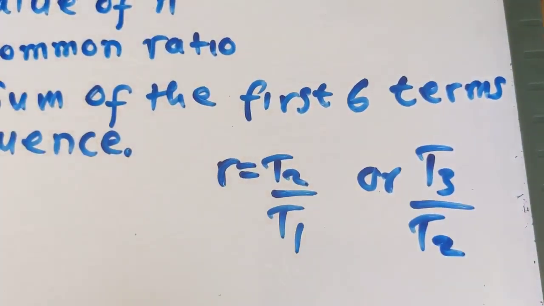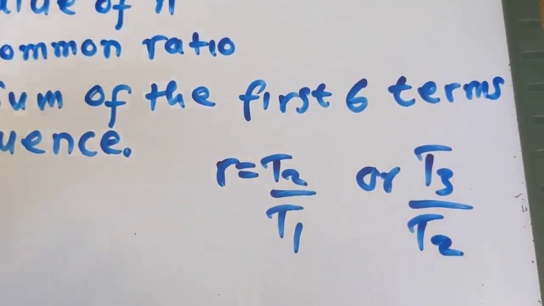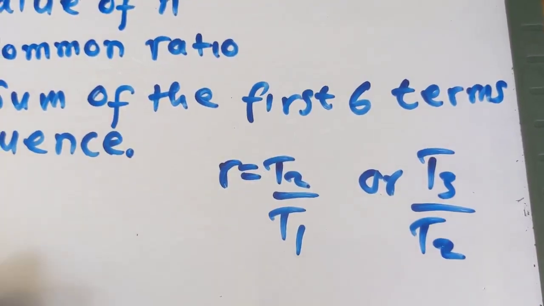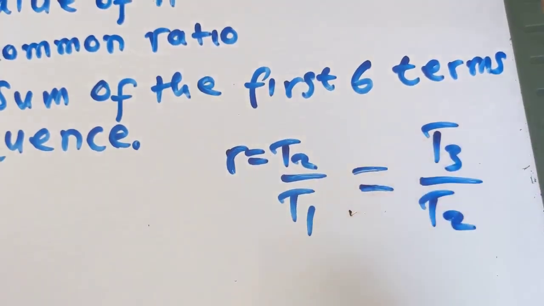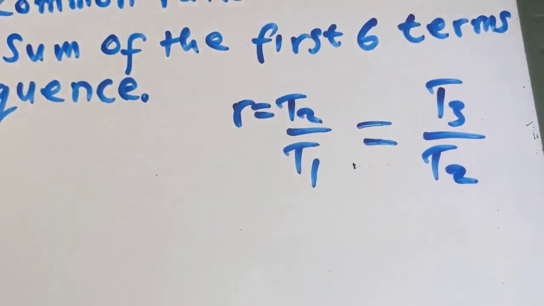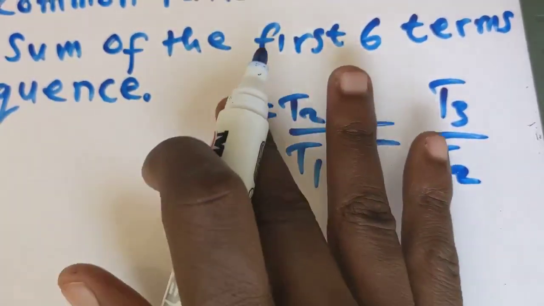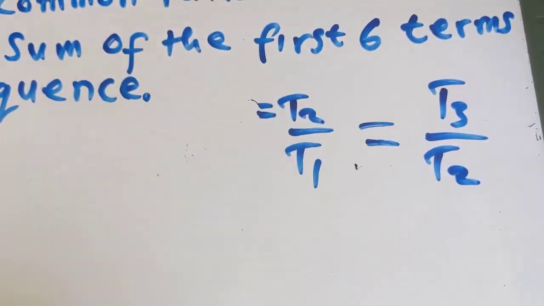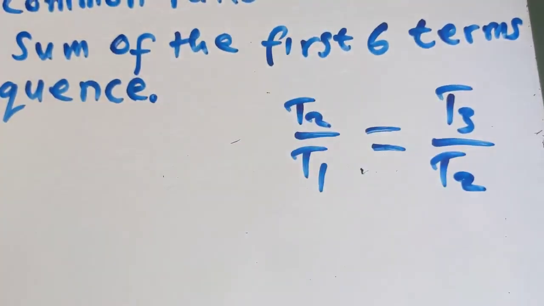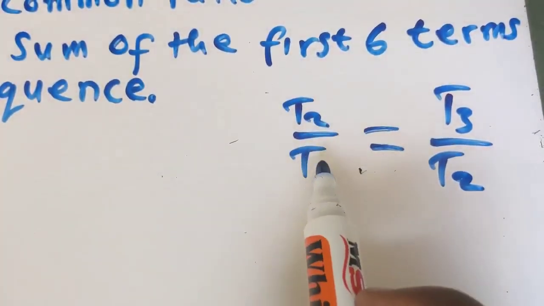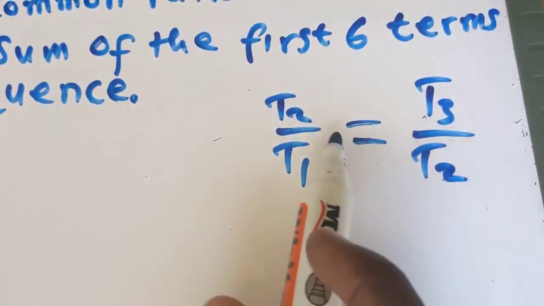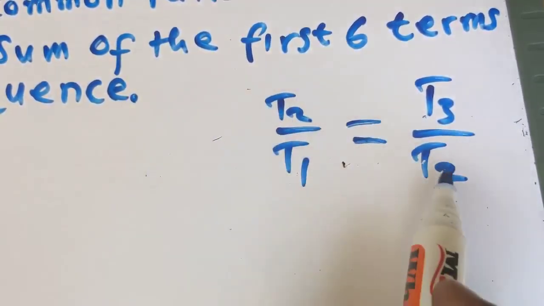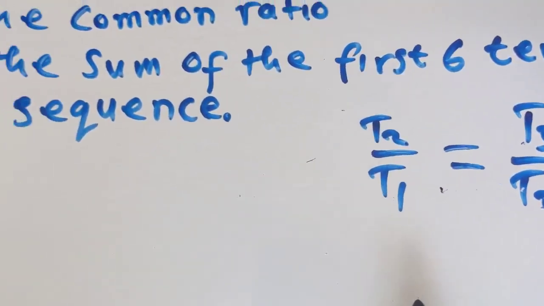So to find the value of n, you need to equate these two formulas. Make sure that in here there must be the same terms: term 2 over term 1 equals term 3 over term 2.